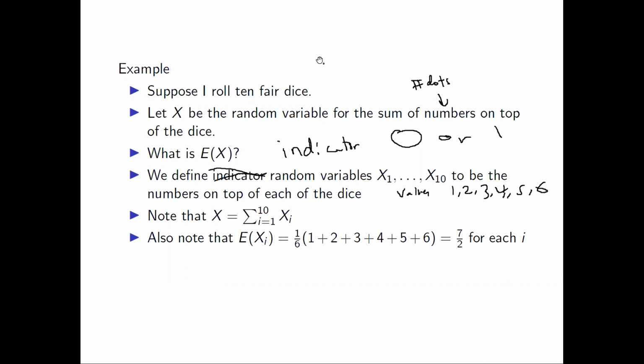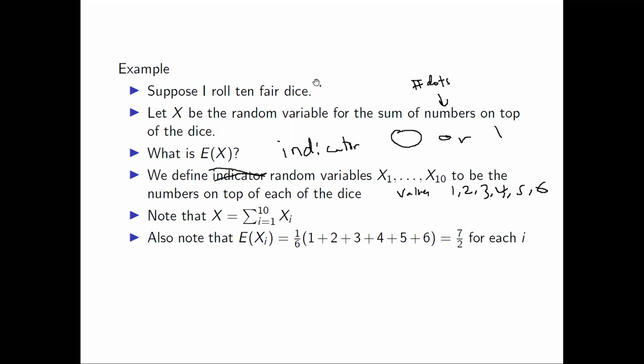And to find the expectation of xi, we can just take each possible number that can land on top, each possible number of dots, and multiply it by the probability that that number lands on top. So we get 1/6 times 1 plus 1/6 times 2, and so on, up to 1/6 times 6. So we get 1/6 times the sum 1, 2, 3, 4, 5, 6 added together.